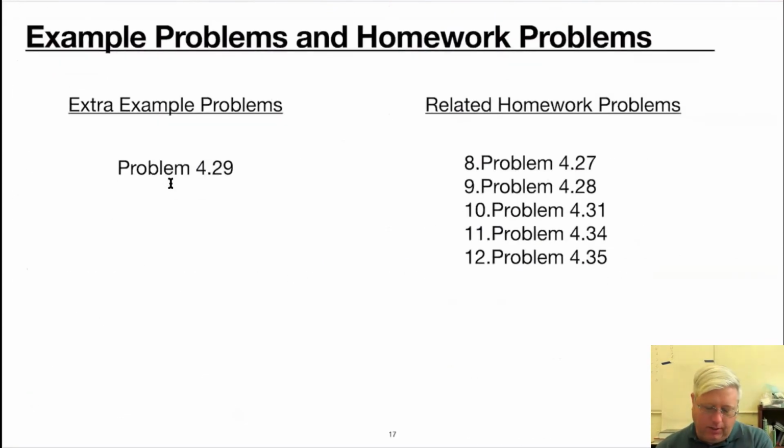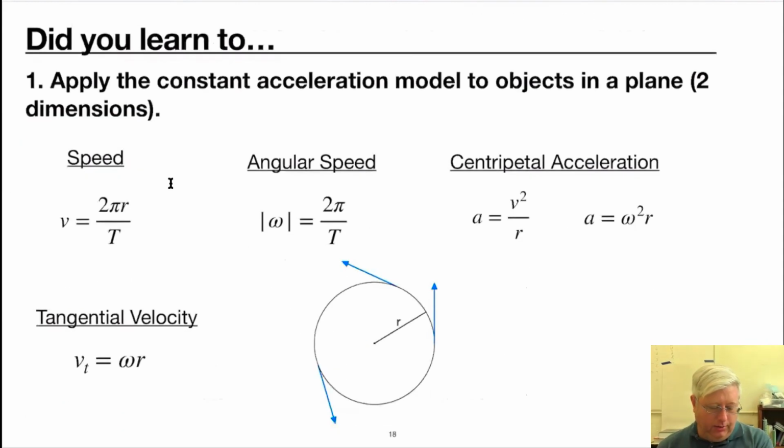All right, so these are the problems in the homework related to this uniform circular motion. I have one extra example problem if you want to look at that. And so, did you learn to apply the constant acceleration model to uniform circular motion? Well, we learned about tangential velocity, and that should be a subscript t there.